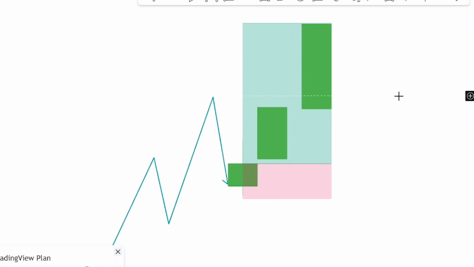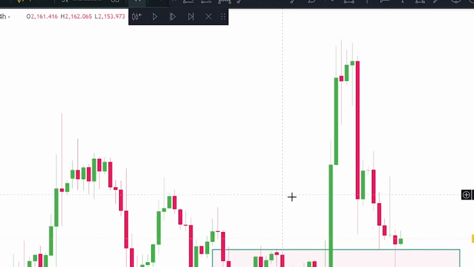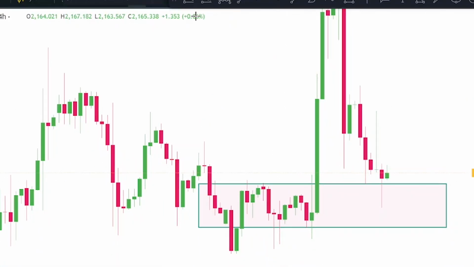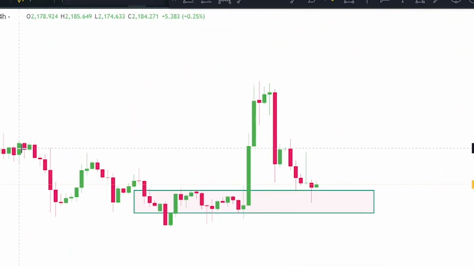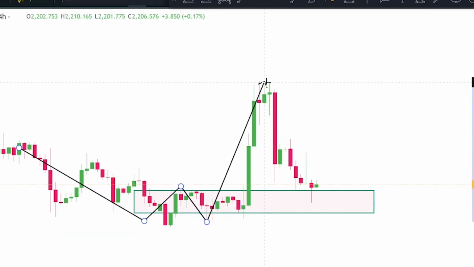So let's now move to the chart and see some example of how can we enter from the signal of inverted hammer. So from this example, we have the market that is moving up, which means that we are in the trend continuation, have equal lows from this area. We made a higher high.